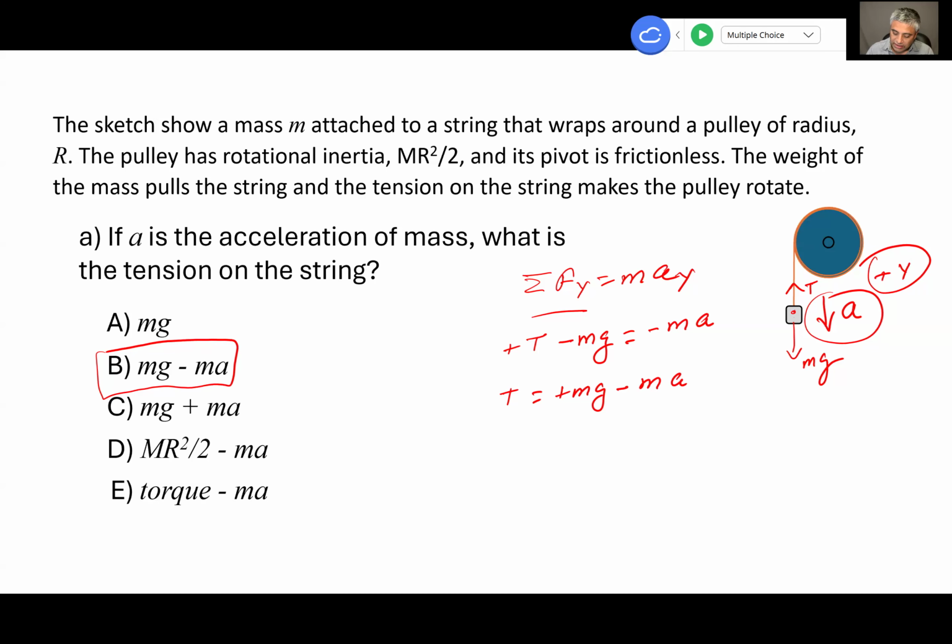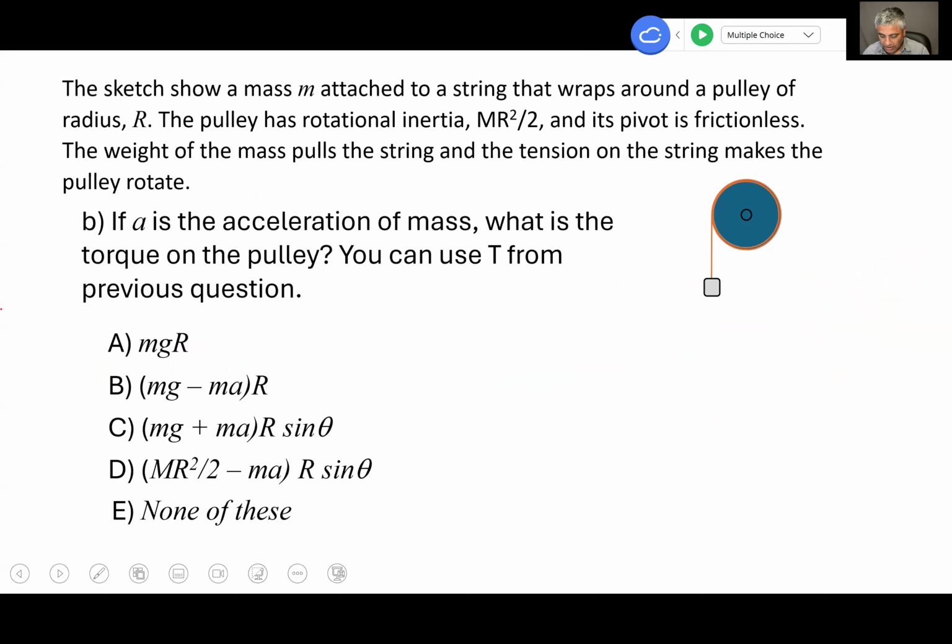So now we did this because this is needed to solve part B. Okay. So here, what's happening? There is an axis over there. So it is falling down. So that means there is this tension force making this thing spin. So now the question is, what is the torque?